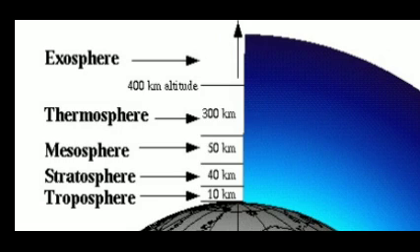The first layer above the Earth's surface is called the troposphere, from 0 to about 40 or 50 kilometers.